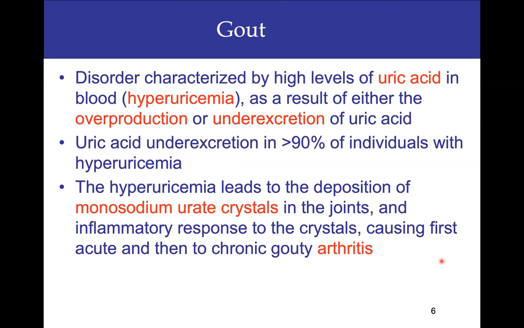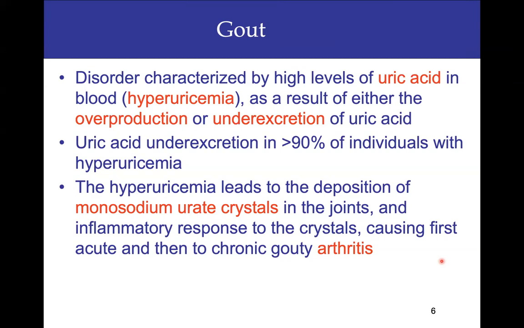So in individuals with hyperuricemia, their uric acid under-excretion is over 90%. So their uric acid levels in the blood are really high. This leads to crystals being deposited in their joints, deposition of monosodium urate crystals. And there's an inflammatory response to those crystals because it's a foreign object being deposited somewhere.